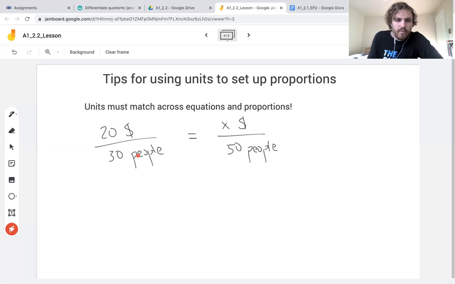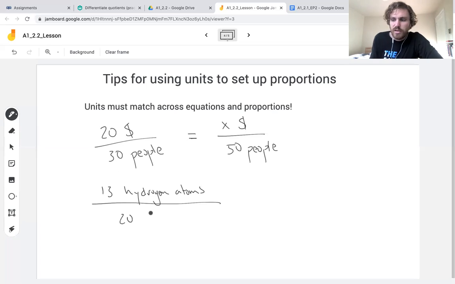Now, another example might be if you have 13 hydrogen atoms per, say, 200 molecules of something.